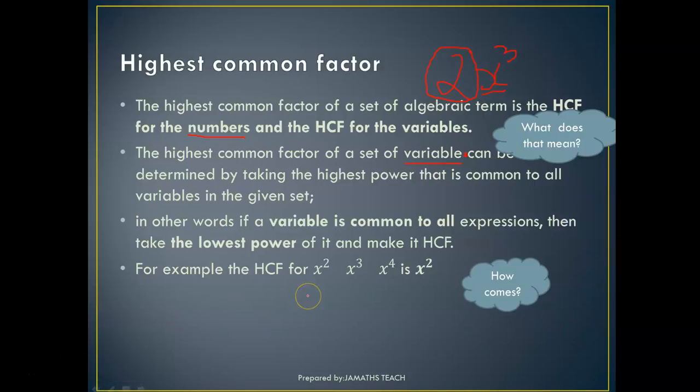Let's look at it. Remember that a common factor or a factor is supposed to divide into something without leaving a remainder. So if I chose x to the 4th to be the HCF, then I should be able to divide x squared by x to the 4th.